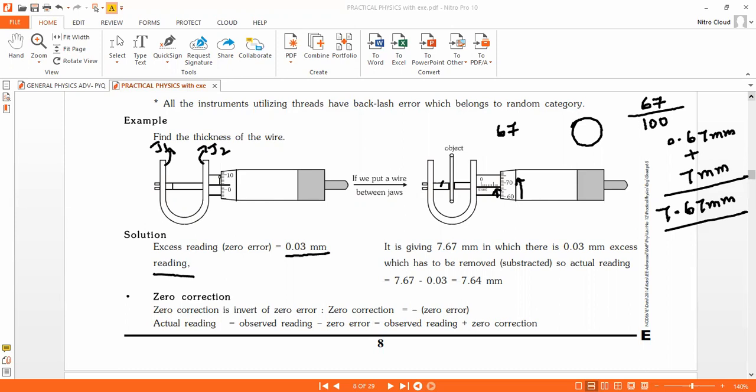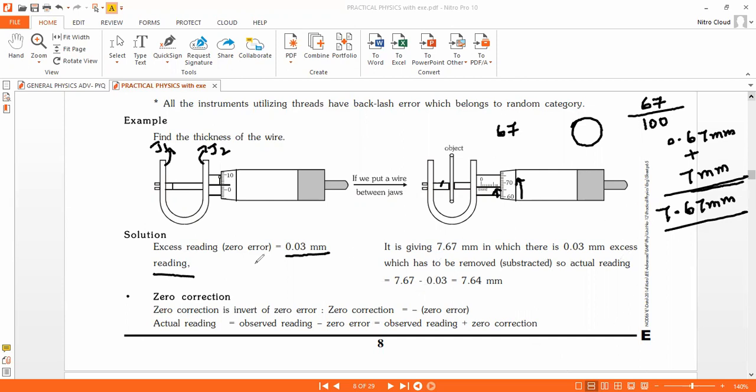That means nearer to 67, the next possible greatest integer is 7. Like that I got 7, 7 plus 0.67, 7.67.